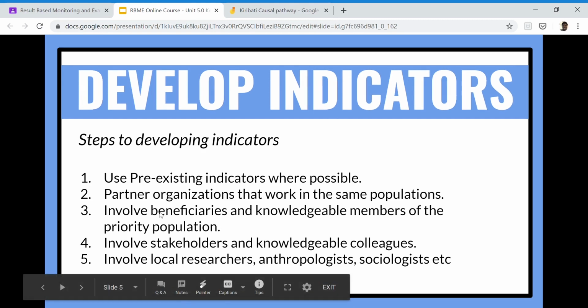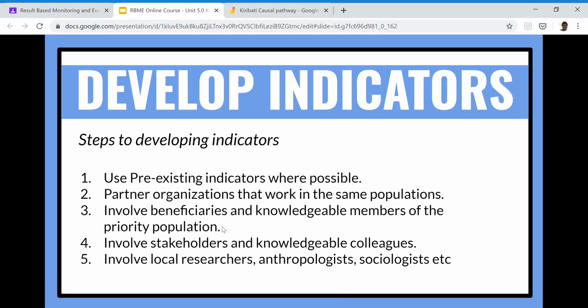Involve beneficiaries and knowledgeable members of the priority population. If your intervention is focused on the community, it's important for you to involve the people within that community or those that are knowledgeable about it, maybe researchers, maybe a university that is closer to the community, so you can discuss what success really means, because that's what indicators are all about: what success will mean in that context.